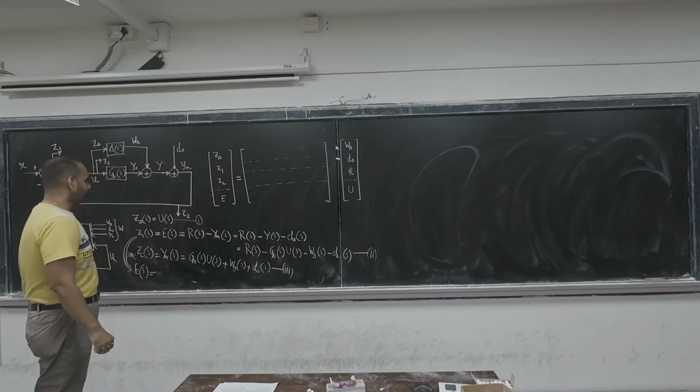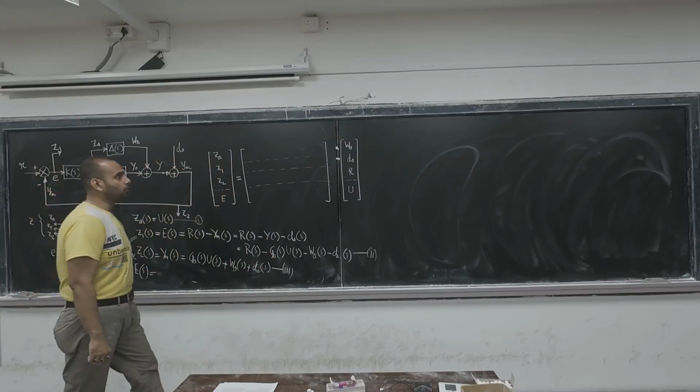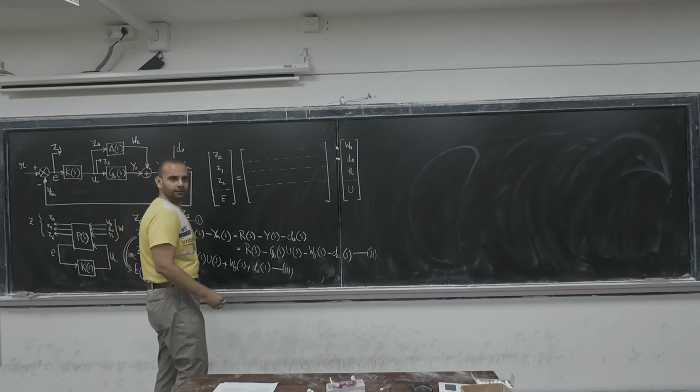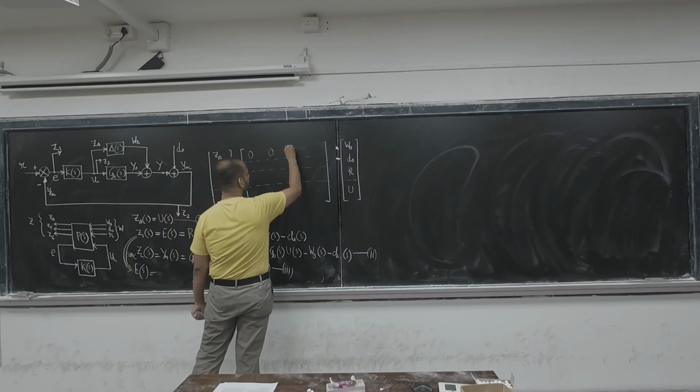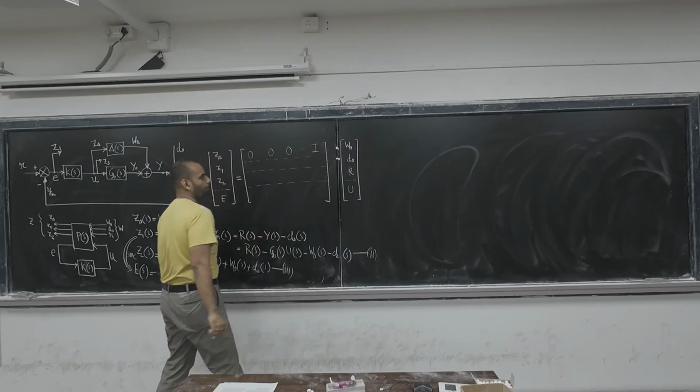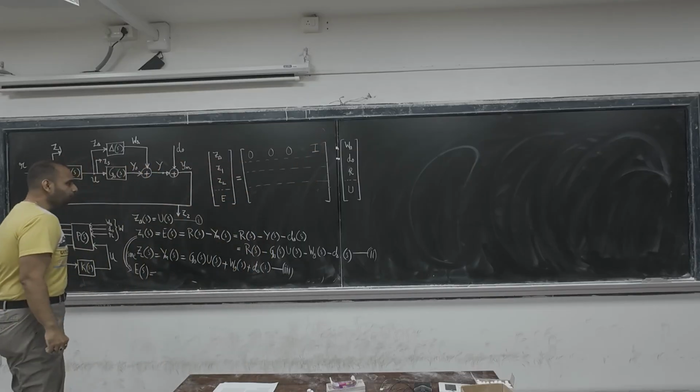One Z delta is U. So 0, 0, 0, I, right? Then Z1.